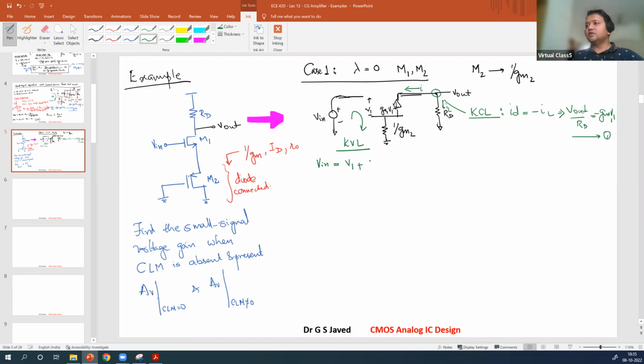This IS is equal to gm1 V1. IS times 1 over gm2. So that can be rewritten as, V1 is common, V1 times 1 plus gm1 over gm2.